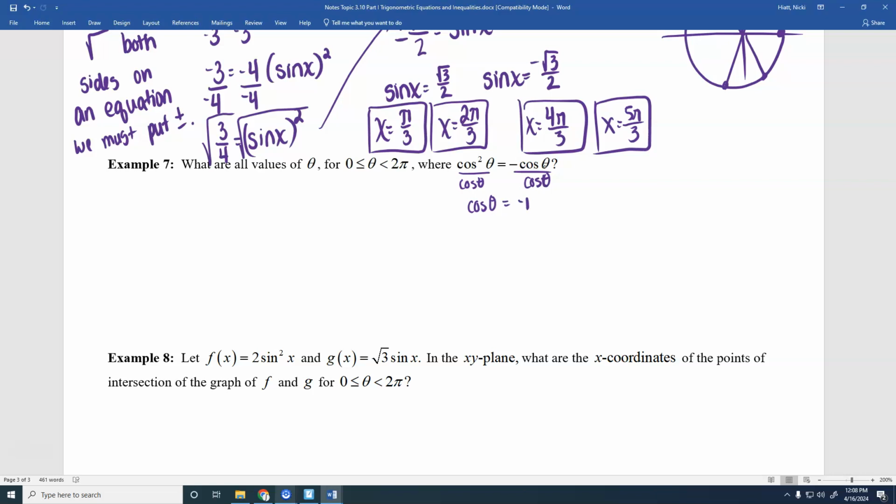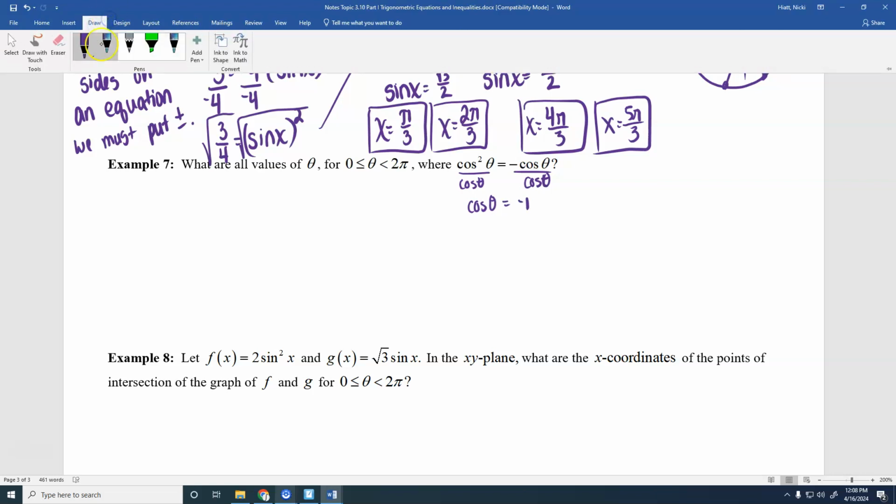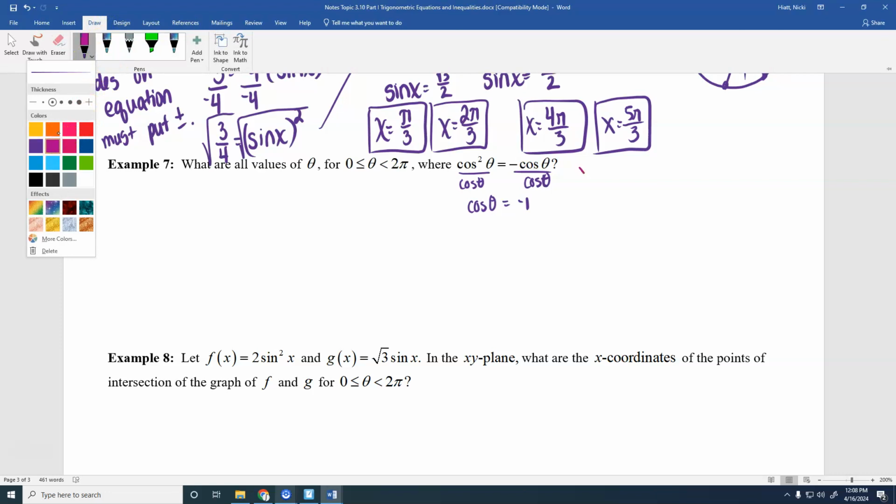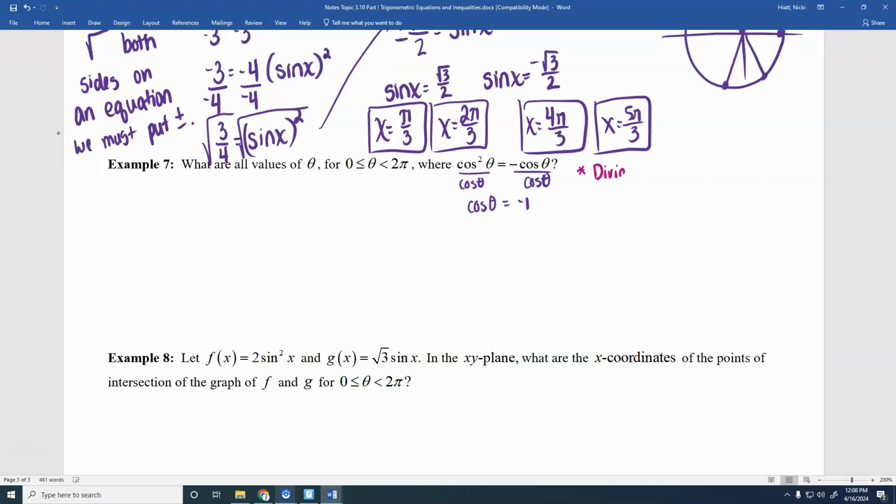The problem is dividing by a trig value or trig expression and canceling will usually cause you to lose an answer.